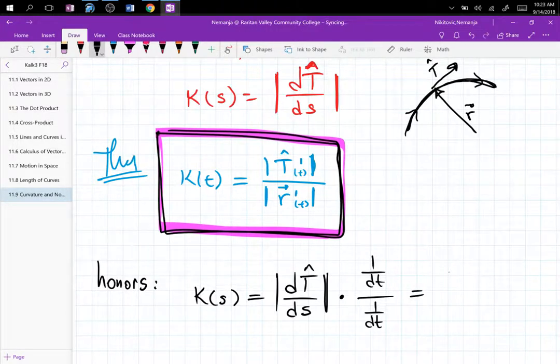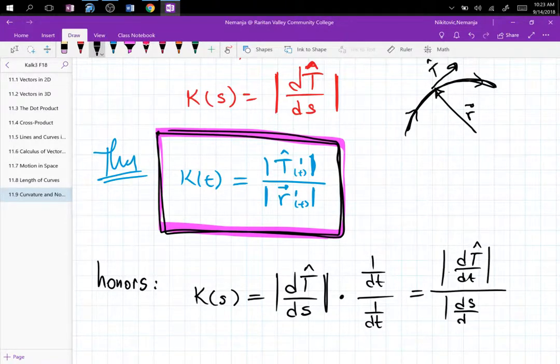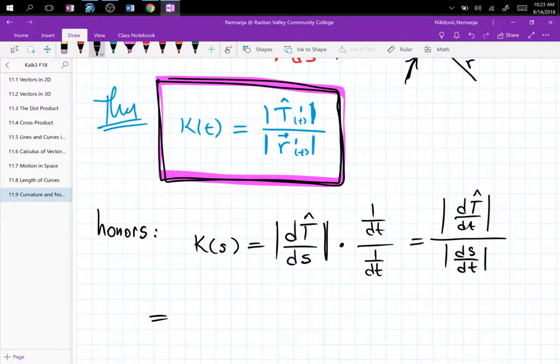To give you dT hat over dt divided by ds over dt, and I'll put here as a side note, ds/dt is velocity v because it is distance over time.